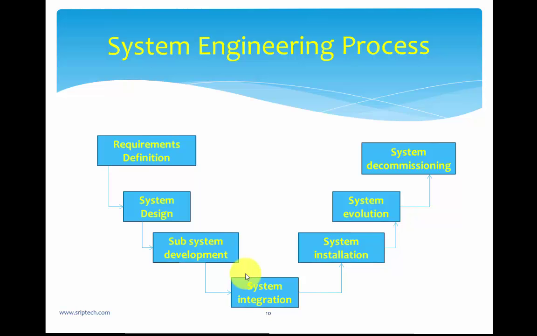Software is only a component of a system, nothing else. But a system is a bigger entity. Apart from software, it has hardware and certain other things which we have discussed before. If you want to engineer a system, it has to follow a process, and the process would be something like this. You have a requirements definition stage, you have a system design stage.